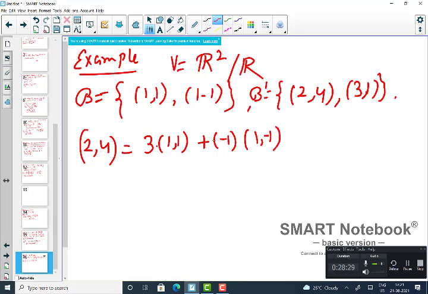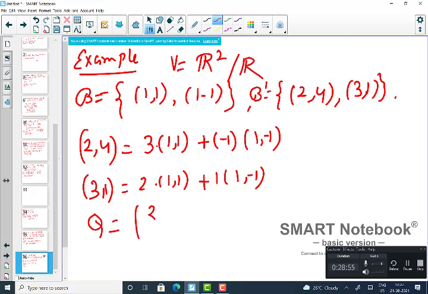So 3 minus 1 equals 2 and 3 plus 1 equals 4. Similarly, for (3,1): 2 into (1,1) plus 1 into (1,-1). 2 plus 1 is 3, 2 minus 1 is 1. Hence your Q is the matrix with rows 3, 2 and -1, 1. So this is your Q, right?